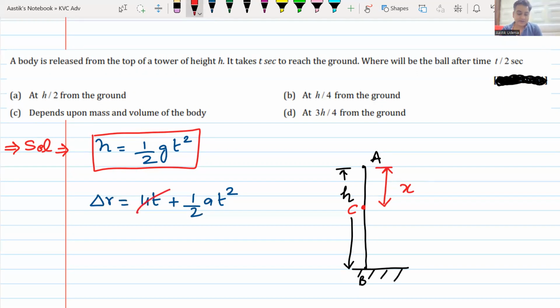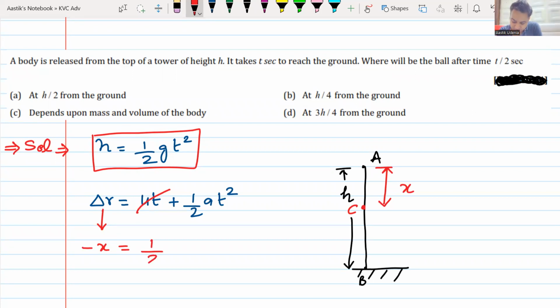Do we understand this? Yes or no? Raise hands will give me more confidence. How much is the displacement? The displacement is x in the downward direction. Yes or no? So it will be taken as minus x, or you can use it as y because it's in the y direction.